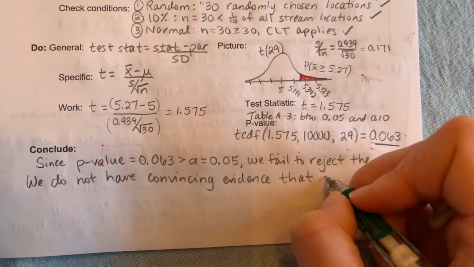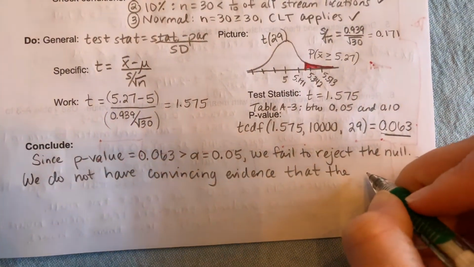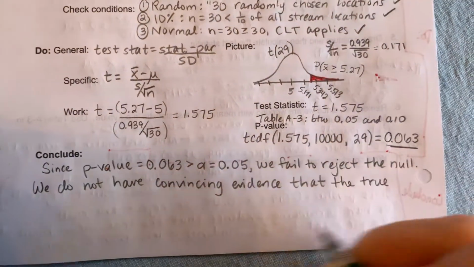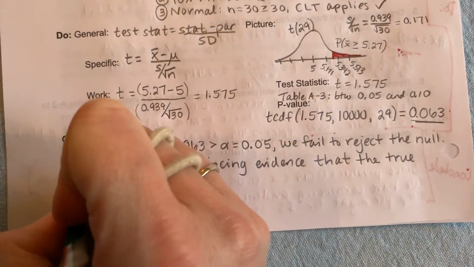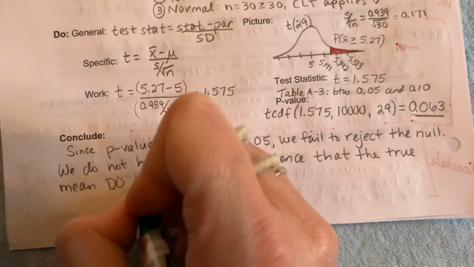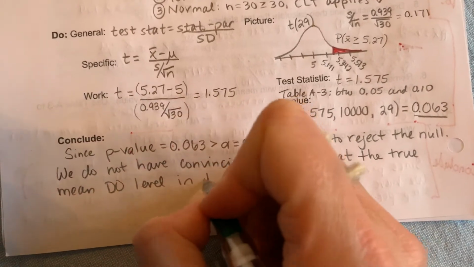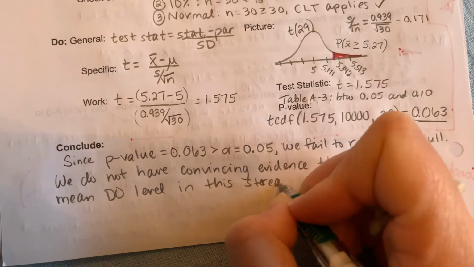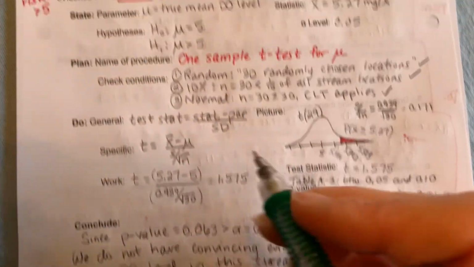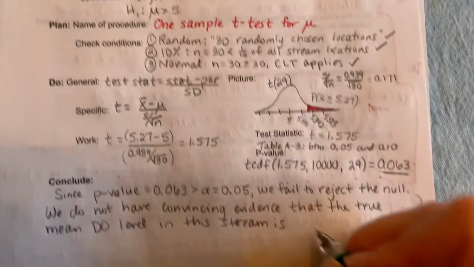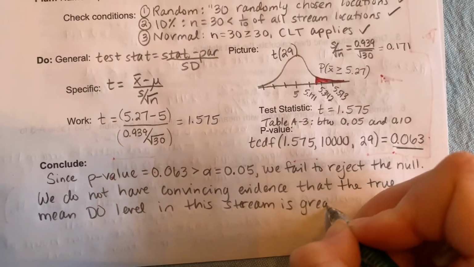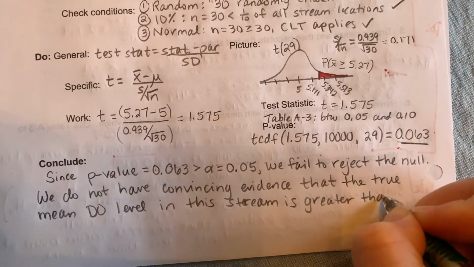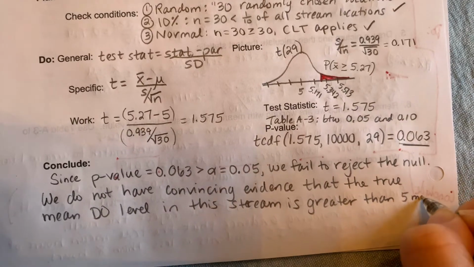The true mean DO level, or dissolved oxygen level, in this stream is, what was our alternative? Is greater than 5 milligrams per liter.